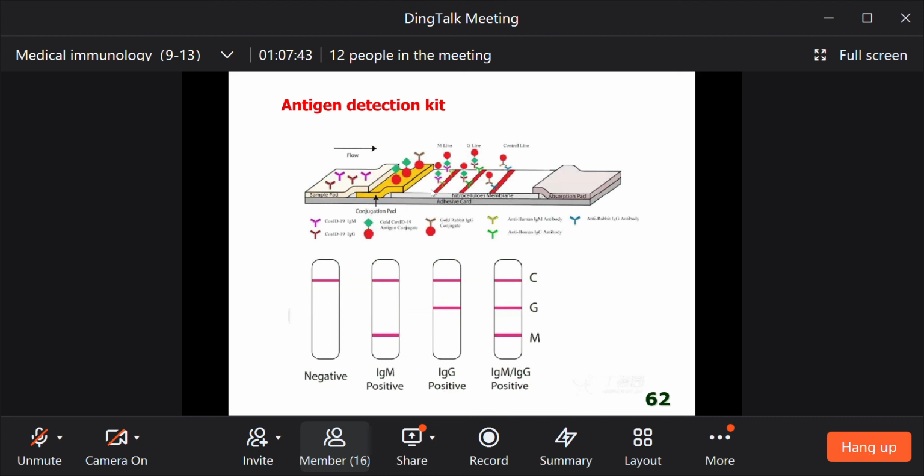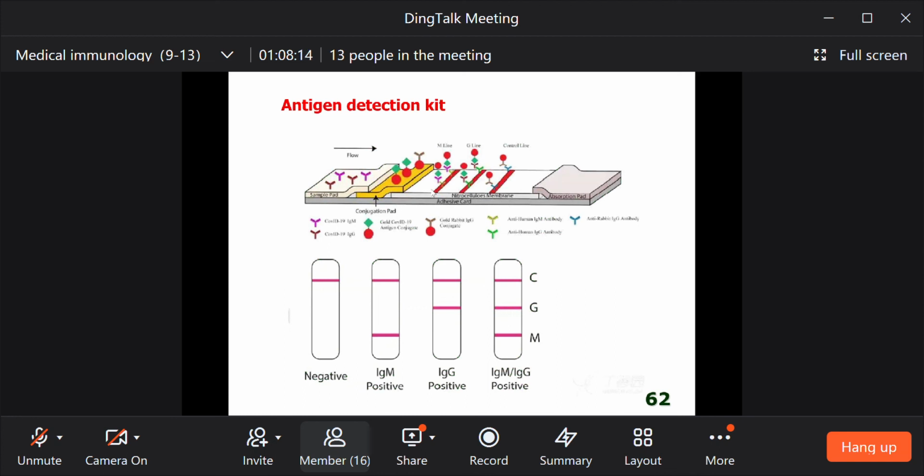The antibody is fixed on the membrane, the nitrocellulose membrane. Take a sample from a patient and put it on the left of this card, and then the sample will flow from the left to the right.